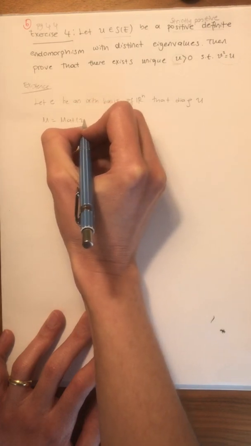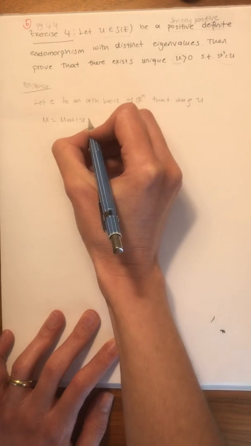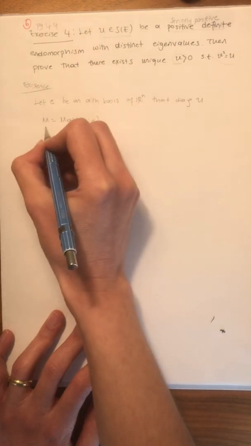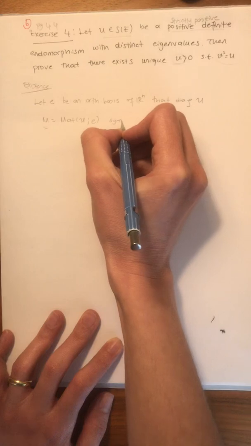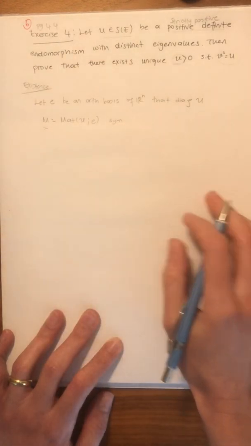So we consider the matrix representation of U in basis E and denote it by M. That's symmetric, definite, and positive.